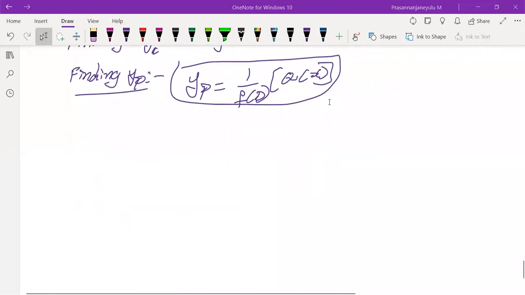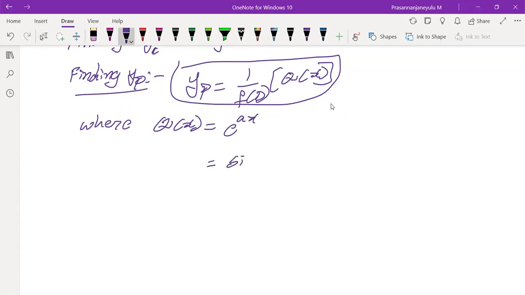That's the thing. Now here, q of x will be of different types. There may be a chance that q of x equals exponential of ax, or sine ax or cos ax. Anything can happen. Or it may be x power m, or a polynomial in functions of the x variable. Which one? Only q of x.